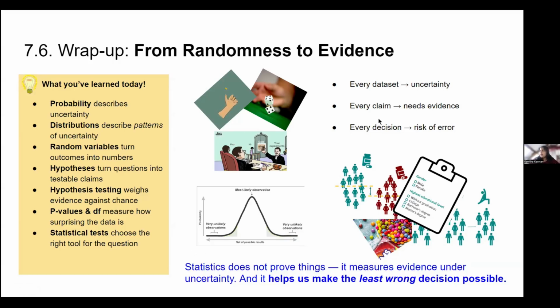Every data set has uncertainty, every claim needs evidence, every decision has a risk of error. And to wrap it all up, statistics does not prove things. It measures evidence under uncertainty. So you gather your data, you do your statistical tests, and then you can help make the least wrong decision possible.